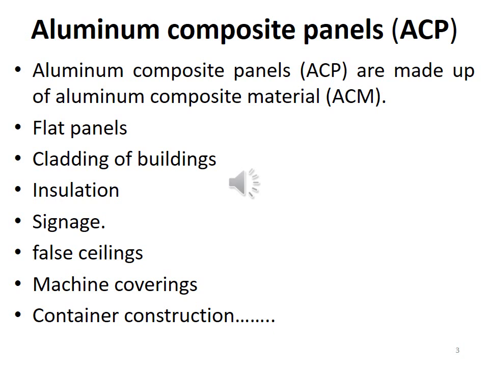Aluminum composite material is mainly used for external and internal architectural cladding or partitioning, false ceiling, signage, machine covering, container construction.